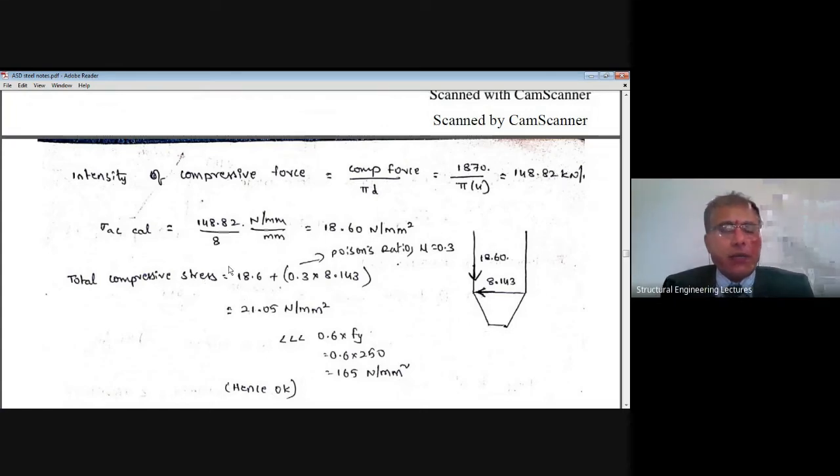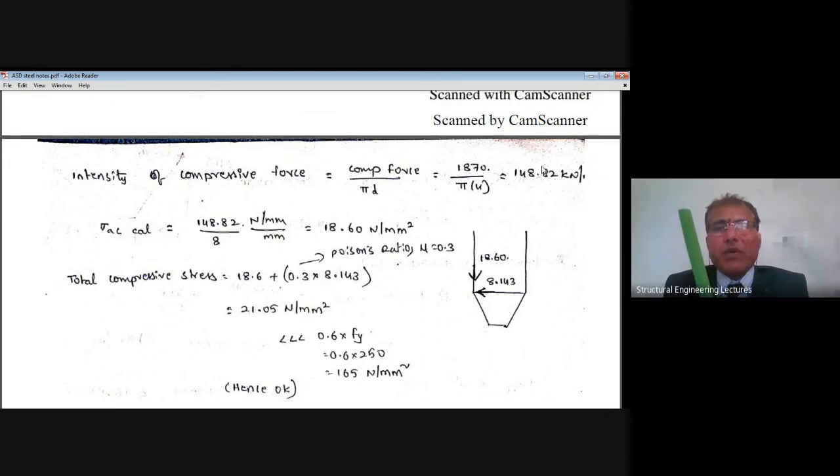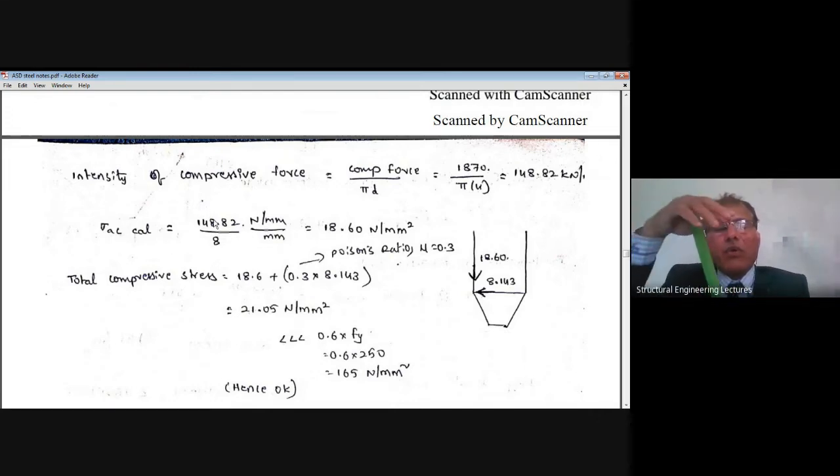Doing which, now I'll get the intensity of that compression force per unit length equal to 148.82 kilonewton per meter, right? Then once I get this, already the thickness of the plate is assumed as 8 mm. Therefore, what is the actual compressive stress? Sigma ac cal is equal to the total compressive force per unit length, 148.82 Newton per mm or kilonewton per meter, both are same, right?